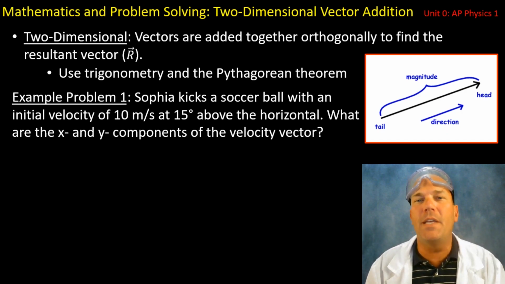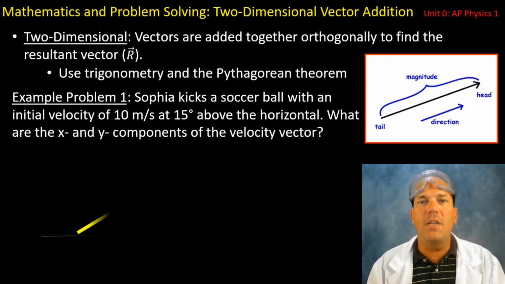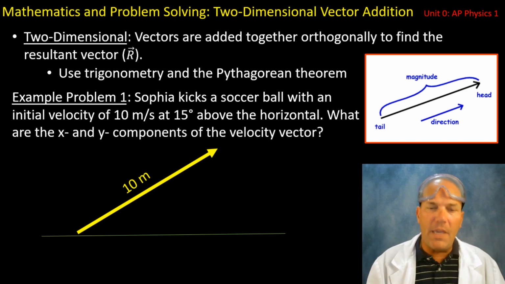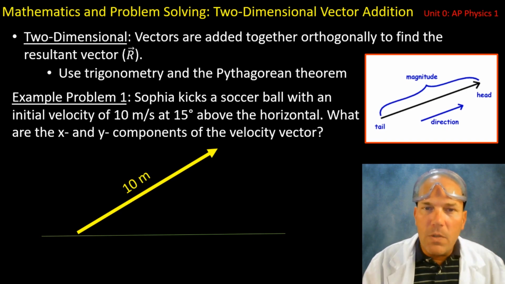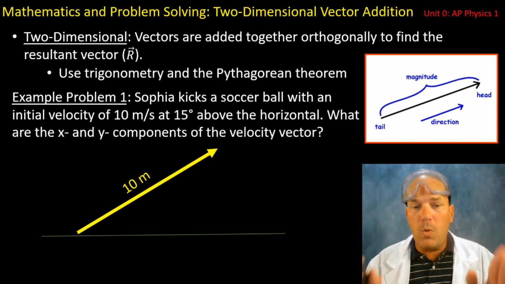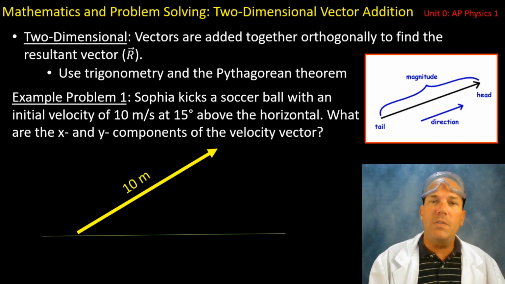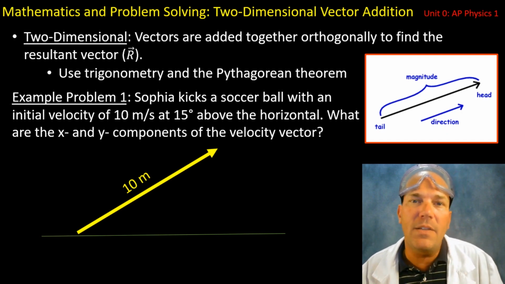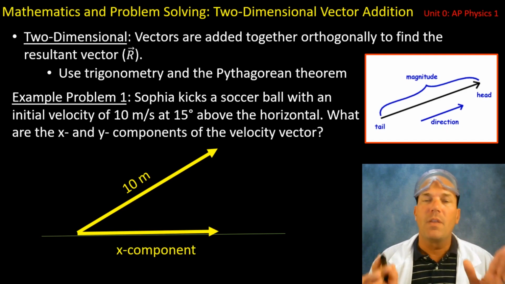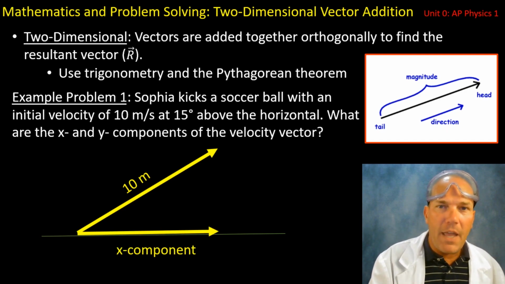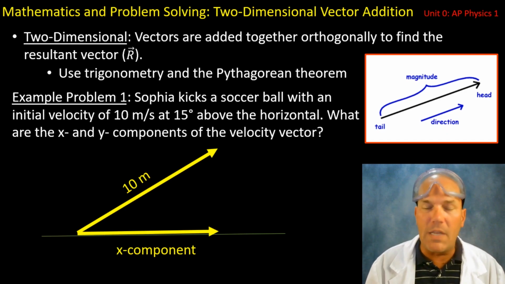So just as we did with one dimension, we're going to sketch out our vectors. Now in this case here, I've added a horizontal line that is with reference to above the horizontal. I will also have the length of the vectors proportional to the magnitude of the vectors. Our x component: the ball does fly in the x direction, or horizontally.